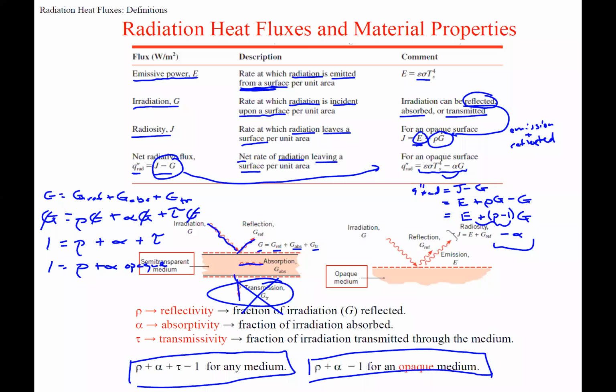If we move this around, you're just going to see that negative alpha, or absorptivity, is rho minus 1, which is exactly what you see over here. Or you could have substituted it in better: alpha is 1 minus reflectivity. So if it's not getting absorbed, it's getting reflected. If it's not getting reflected, it's getting absorbed in an opaque surface or medium.